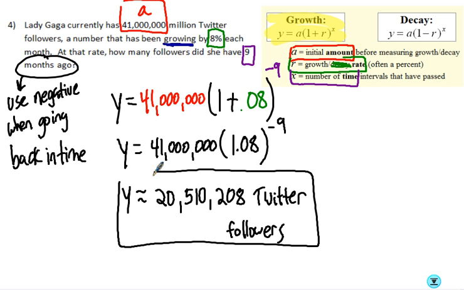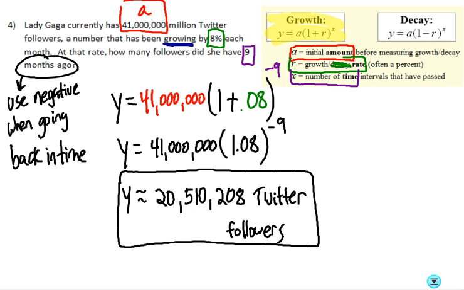And that makes sense, right? Because if she has 41 million now, we're saying go back in the past. What was it before? We would expect that that number would be smaller, and indeed it is, right? So that's one way that you could set it up. I think this way may make the most sense to you, setting it up the same as what we've done, just with a negative exponent since we're going back in time.